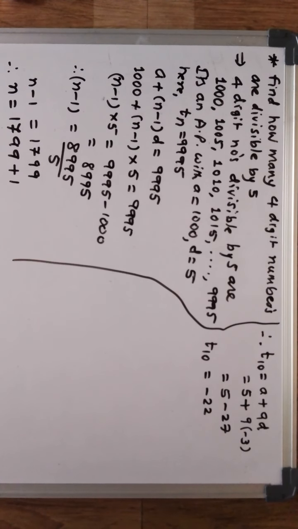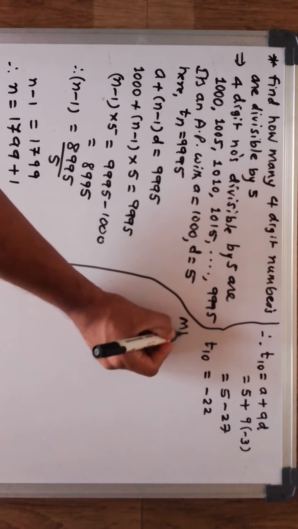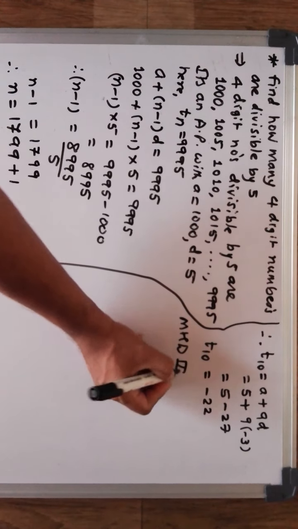The relationship, if you see, is 6 plus 14 is 20, and 20 divided by 2 is 10. So the relationship which I can establish over here, I will call it method second.